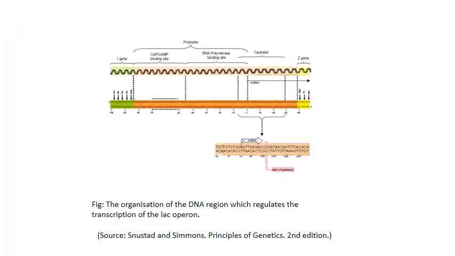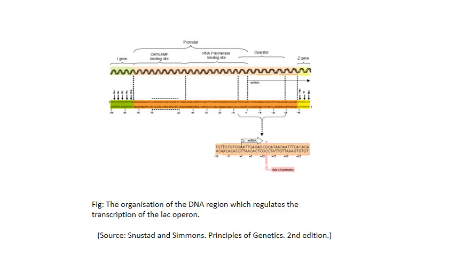The operon consists of three structural genes: LacZ encoding the enzyme beta-galactosidase, LacY encoding beta-galactoside permease, and LacA encoding beta-galactoside acetyltransferase. The structural genes are under the control of a promoter P-lac, which contains the binding site for RNA polymerase as well as for the regulatory proteins, the repressor called the Lac repressor and the activator CAP, which is the catabolite activator protein complex.